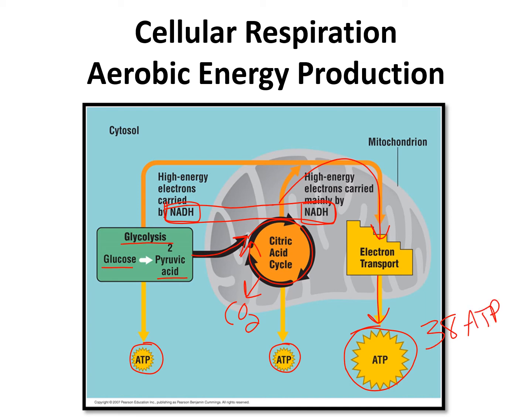This process is also referred to as aerobic respiration because during the electron transport chain, oxygen serves as the final acceptor, and it combines with hydrogen and that electron to form water. So this is referred to as aerobic energy production because it involves oxygen at that last stage.